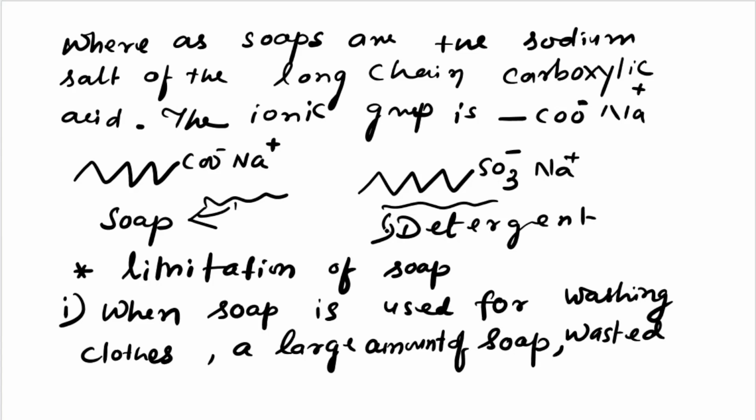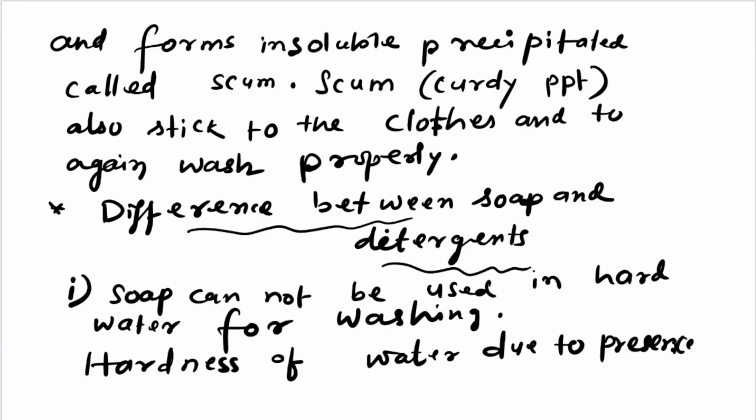Then what is the limitation of soap? The only limitation is regarding the foam and regarding soft and hard water. When soap is used for washing clothes, a large amount of soap is wasted. Why wasting? Because it is reacting with hard water. If you use more soap, it forms an insoluble precipitate, called scum.